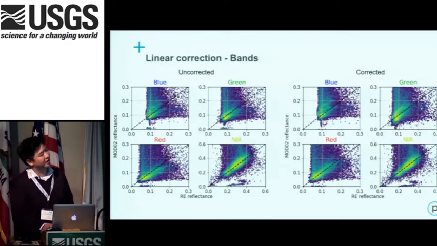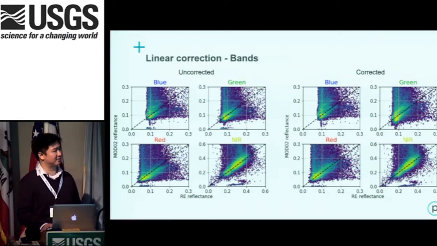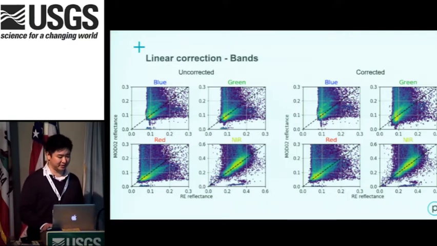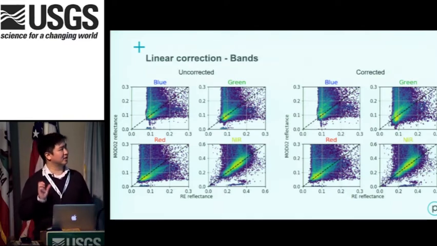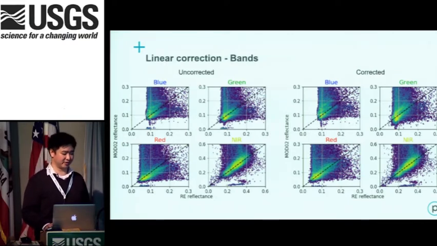Using a similar process as before, we can calculate the linear fit and reverse it out to try and correct it to a RapidEye equivalent. The green and the blue data for this data set was actually quite limited in the dynamic range, so it was a bit more difficult to get good fits for them, but the red and the NIR work okay.